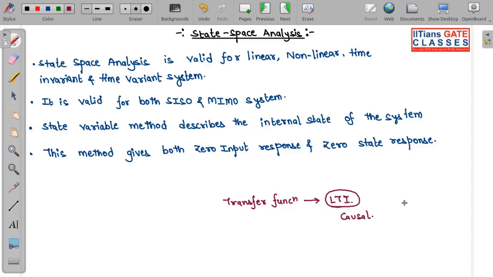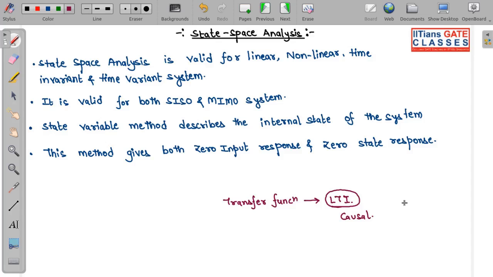You cannot write it for non-linear, time varying, or non-causal systems. But in state space analysis, we can even analyze systems that are non-linear as well as time variant. This is one of the most important advantages of state space analysis.